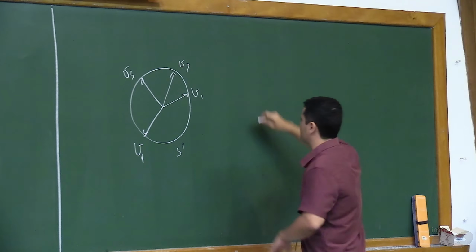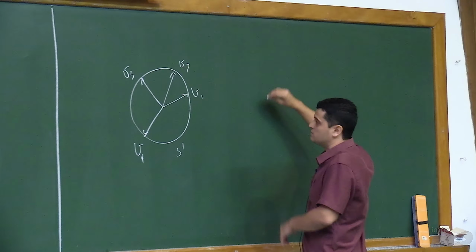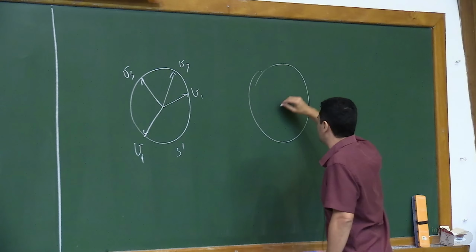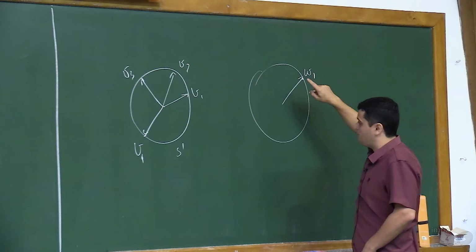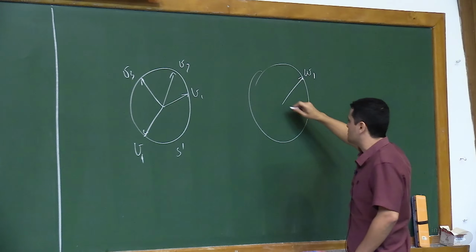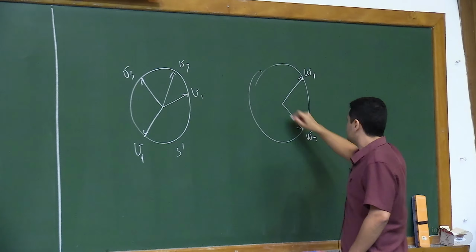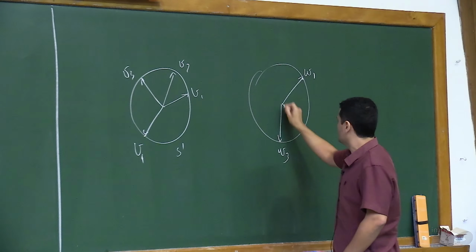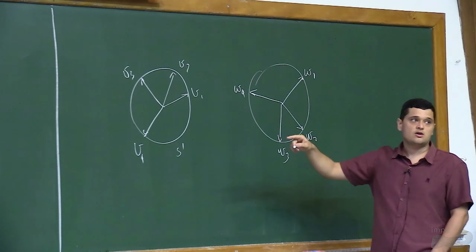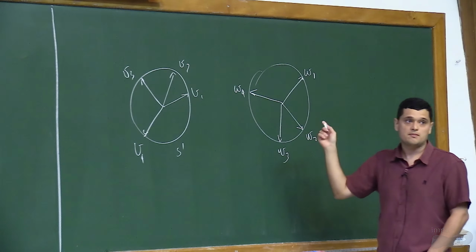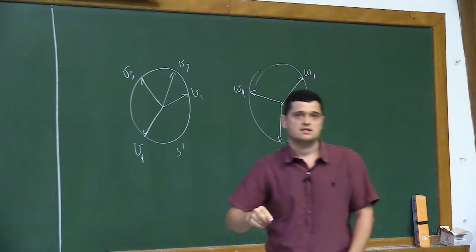And you have another set, W1 to W4, which appear in the unit circle in the reverse order, in such a way that the origin is a convex combination of both sets with the same coefficients.